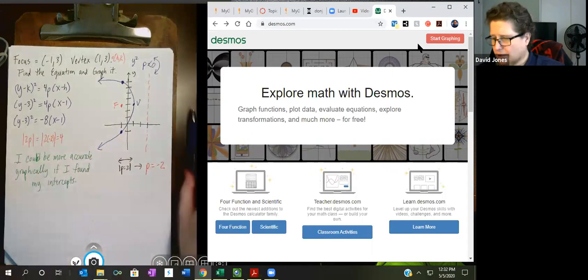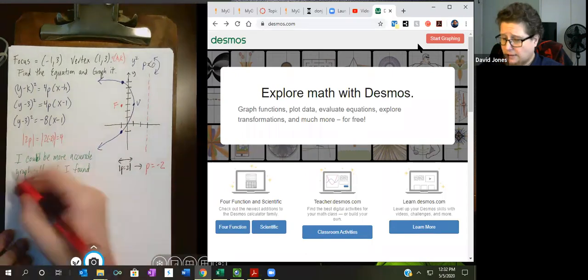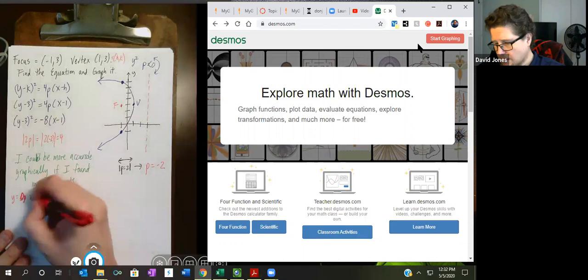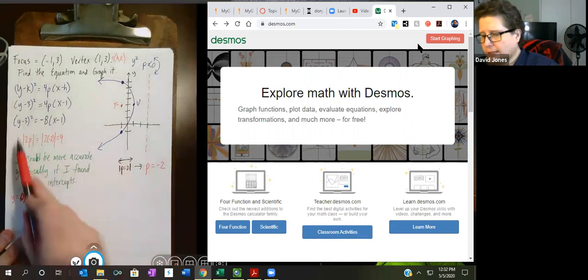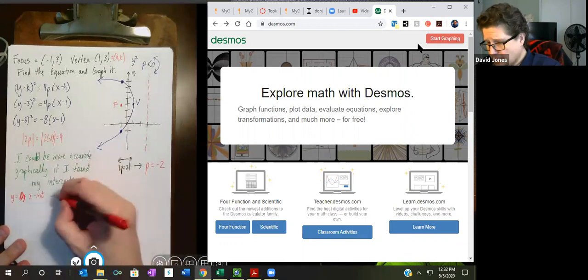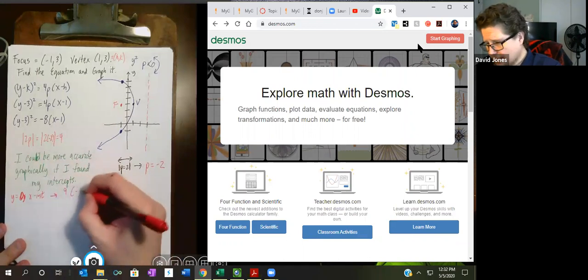And just to make sure we illustrate that, let's do that. So when y equals 0, we have x-intercepts. Plugging in y equals 0 gives me 9 equals -8 times (x − 1).